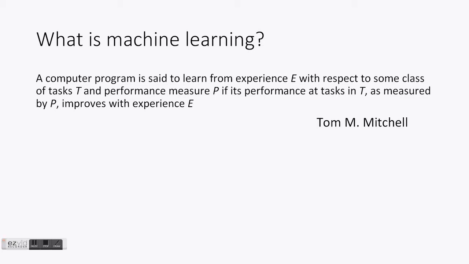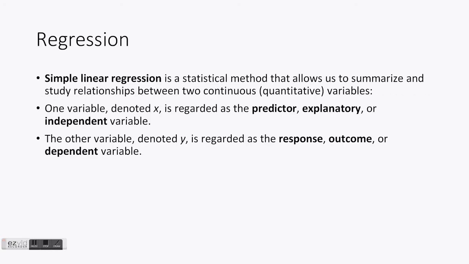We try to learn from experience. We try to measure how we perform in each of our attempts and try to improve on that. And as we improve our performance, we can say that we have learned that particular task. And this is exactly the definition that Tom M. Mitchell has given. So first, let us look at regression.